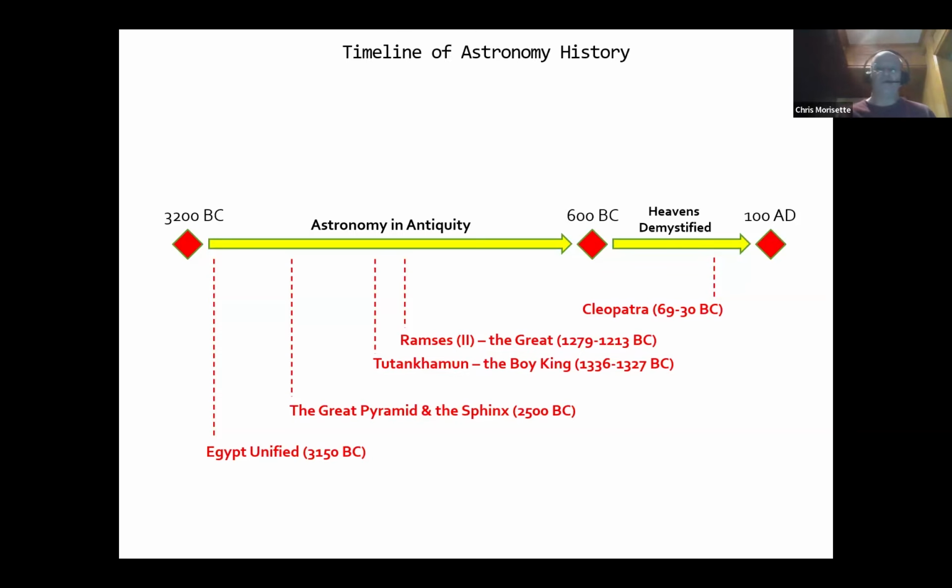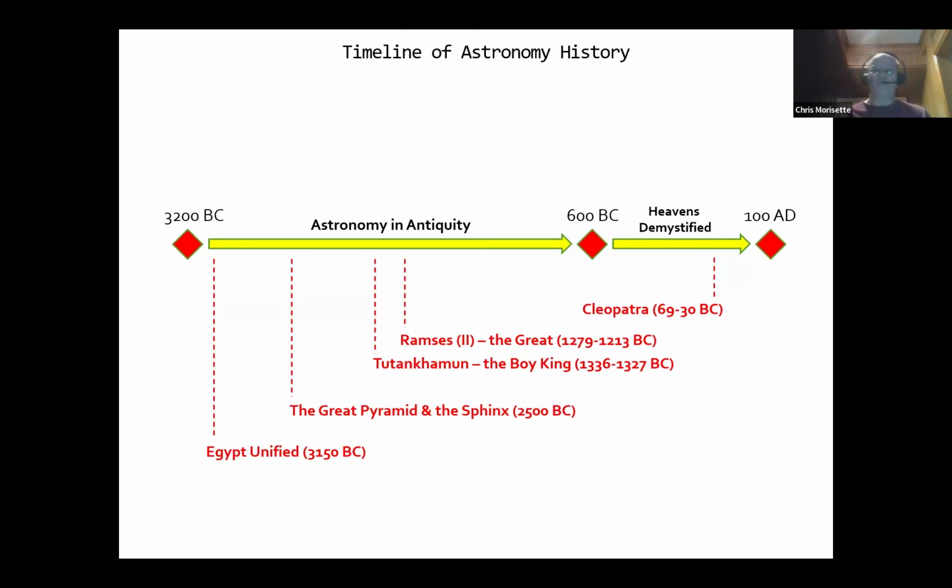Throughout the presentation, I've inserted various other historical markers just to give you an idea of when these astronomy discoveries and principles were operating, and relate it back to actual history going on.